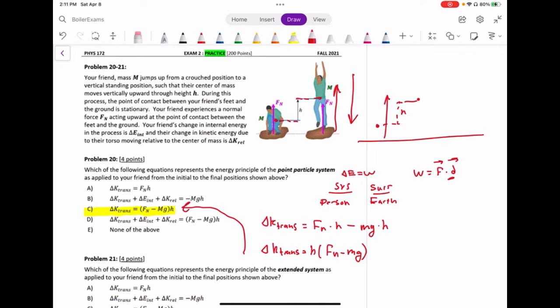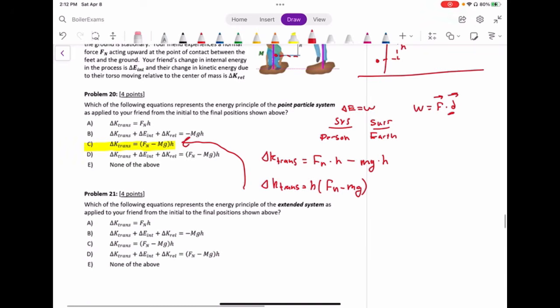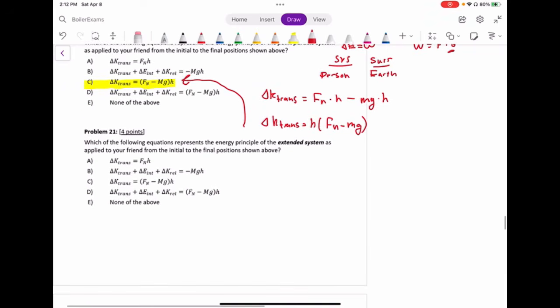When your force vector and your displacement vector point in opposite directions, you're going to have a negative work. That's a property of dot products, and that's why our work contribution from normal force is positive, because the normal force was up, and they're in the same direction. So if they're in the same direction, positive work. Opposite direction, negative work. Okay, problem 21.